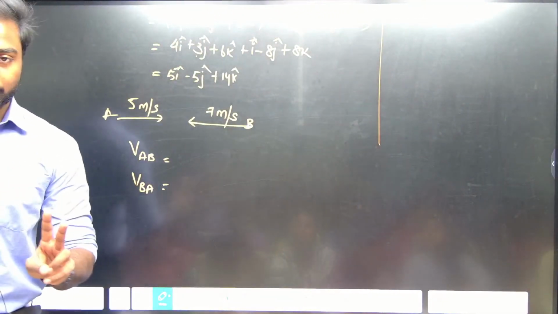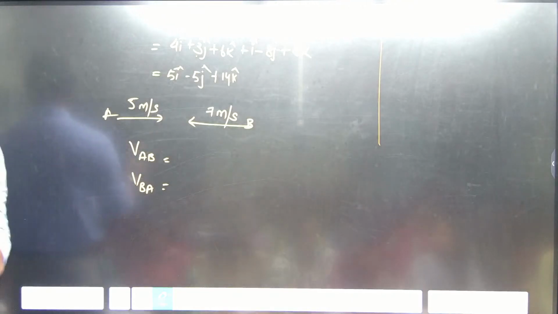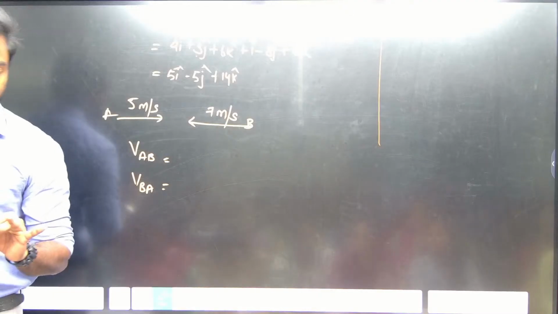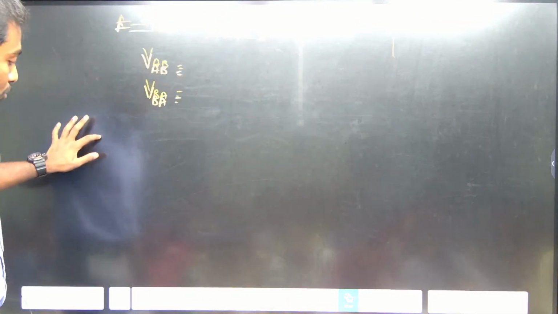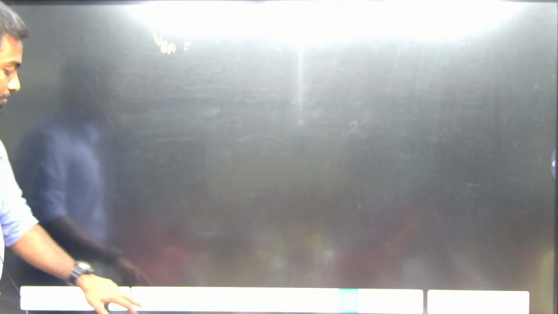Now two things we will see, upstream and downstream. Write the topic under relative motion. The first one is upstream and downstream.